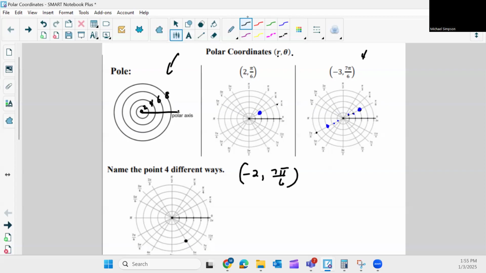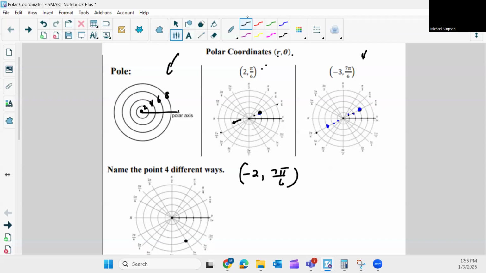This is 7pi/6 right here. Because the r value is negative, I'm not going to count in this direction. I'm going to go away from 7pi/6, 1, 2. But realize that's the same point as (2, pi/6). So (negative 2, 7pi/6) is the same as (2, pi/6).